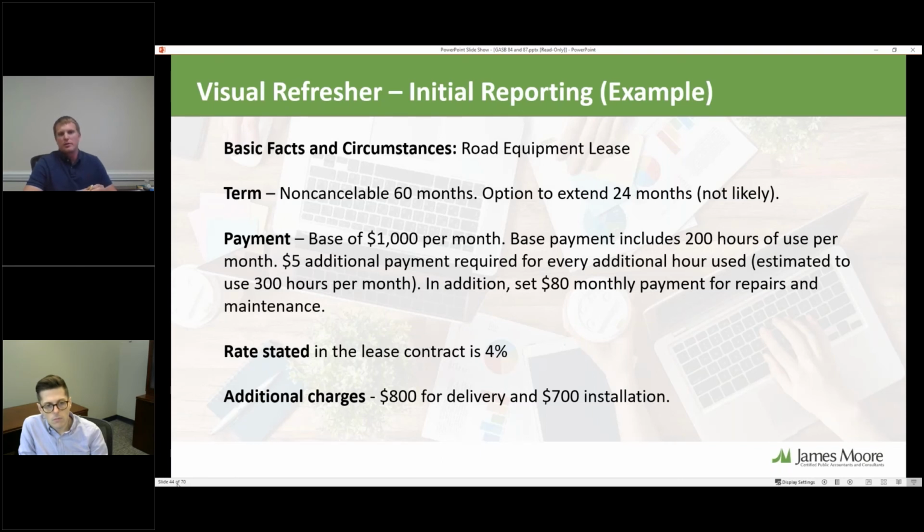And then it's going to be $5 additional required for every additional hour used. We're going to estimate that we're going to use 300 hours per month of this piece of equipment. In addition, there's a set $80 a month payment for repairs and maintenance. Stated in this contract, we've got a 4% rate. Some additional charges: we've got an $800 charge for delivery and a $700 charge for installation.